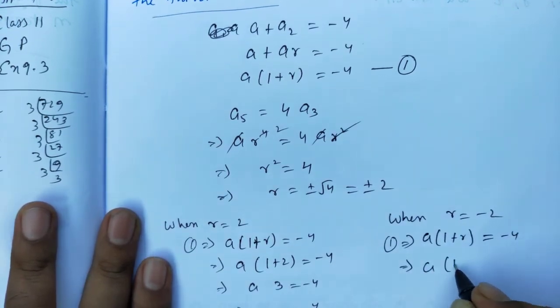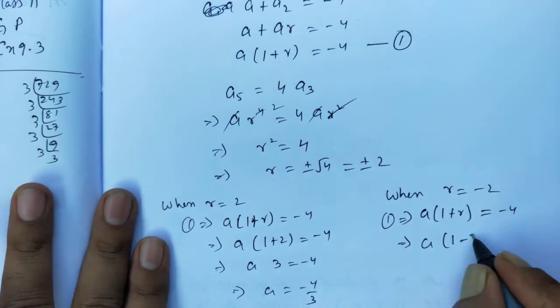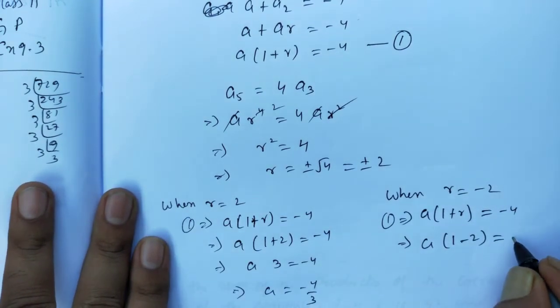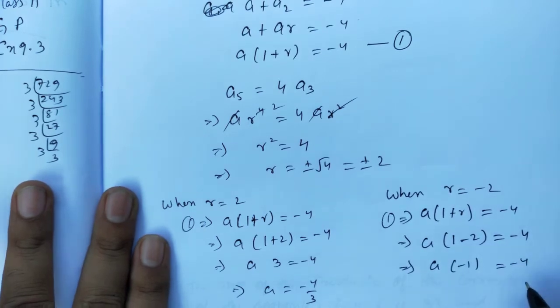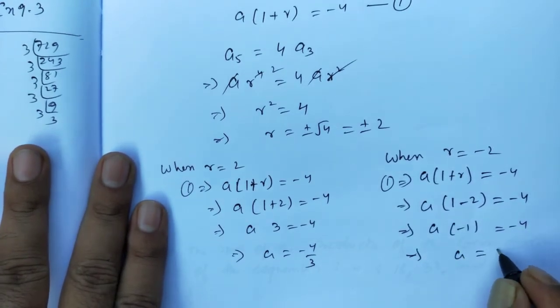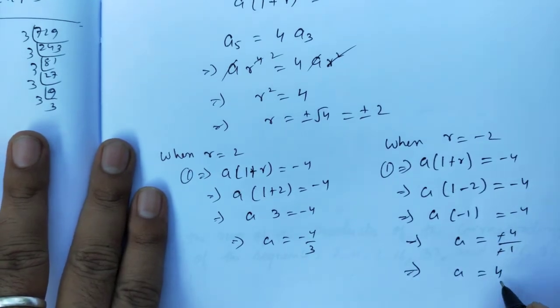A(1 plus R), since R is minus 2, I can write A(1 minus 2). This is minus 1. So A will be minus 4 by minus 1. A is 4.